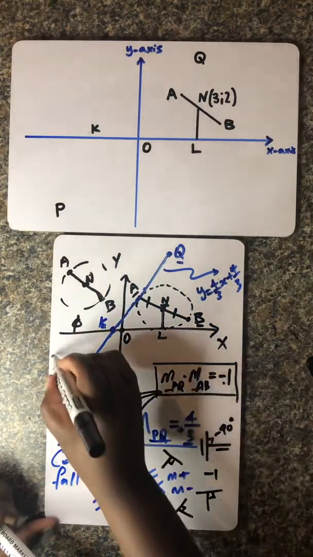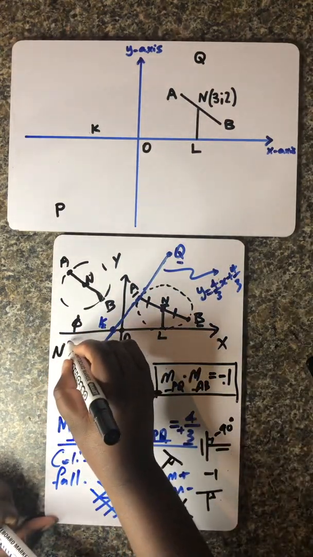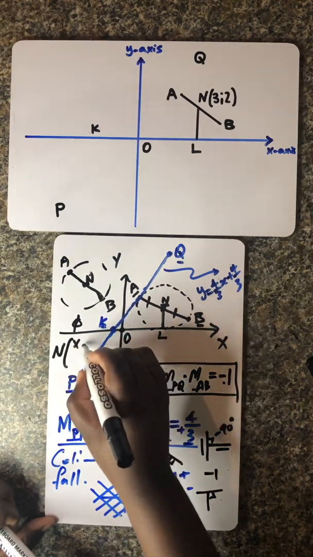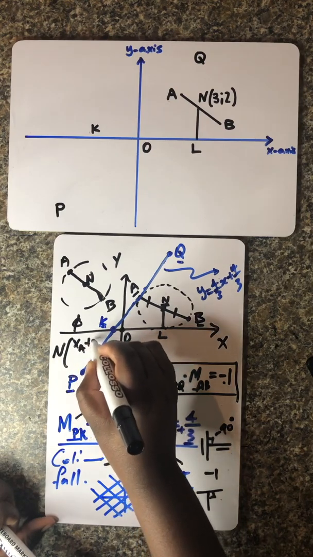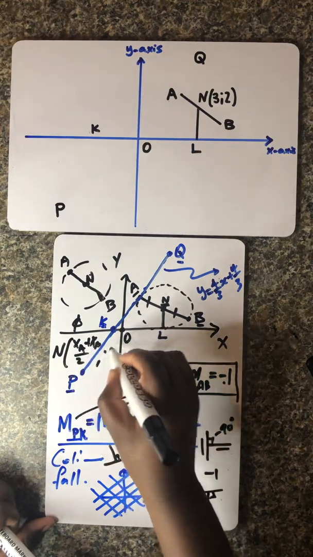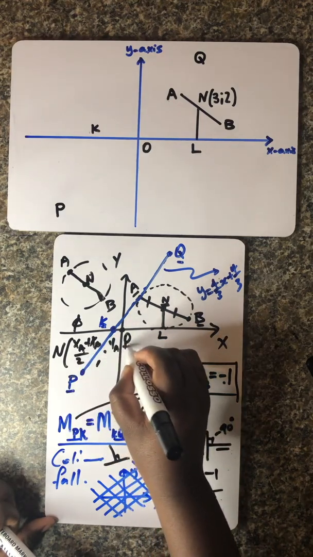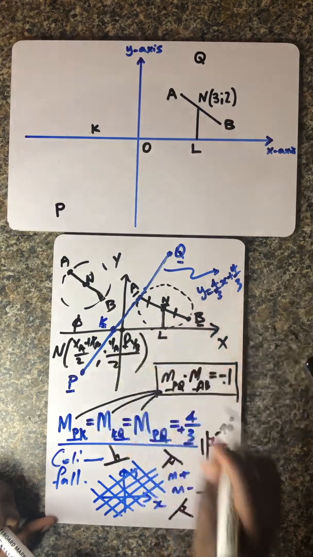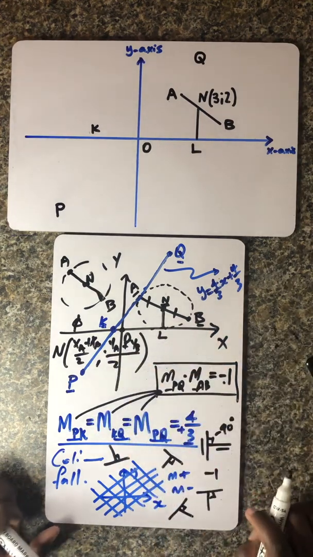So N is the midpoint: the x values of A plus the x values of B over 2, then the y values of A plus the y values of B all over 2. Very, very important, ladies and gentlemen.